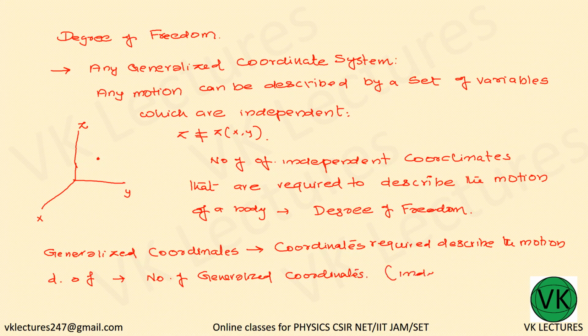Generalized coordinates are also independent coordinates. They do not have any functional relationship with each other. For example, x will not be a function of y comma z.